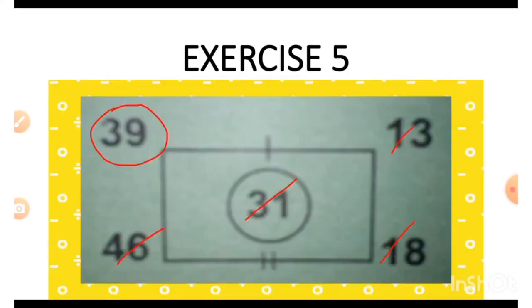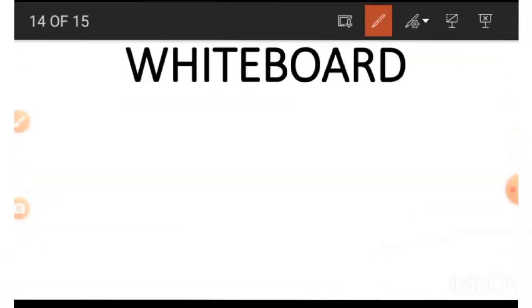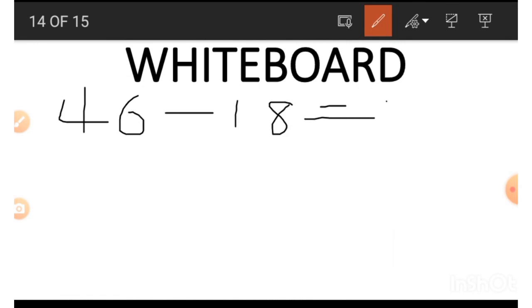Now if we wish to get the 13, we use 39, 31, 46 and 18. Again, we start from the bottom. So we subtract as usual. 46 minus 18 will first of all give us 28. Now we come to the middle. We see the 31.